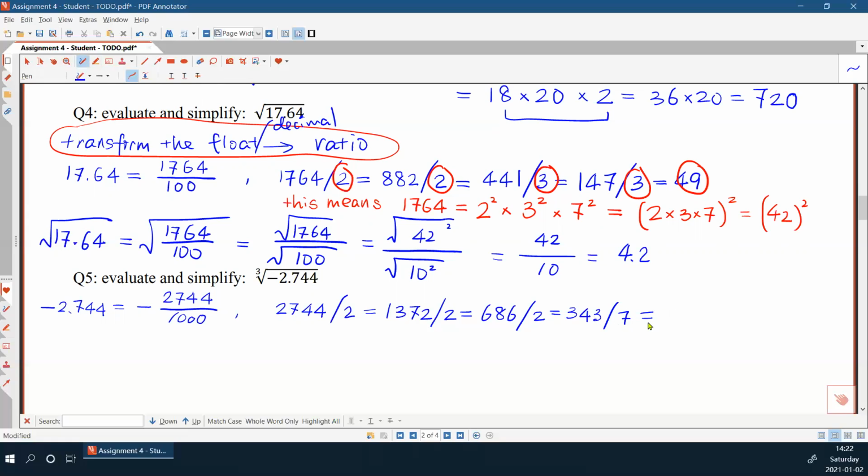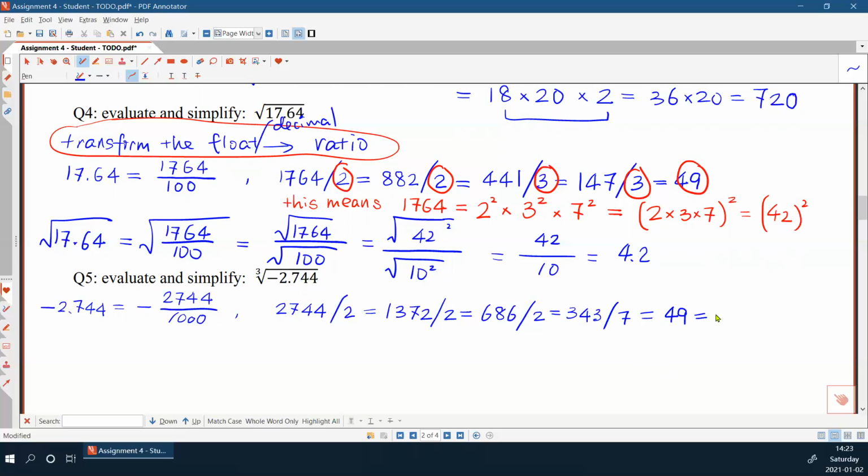Okay, 343 divided by 7 gives you 98, right? Sorry, no, should be 49, right?